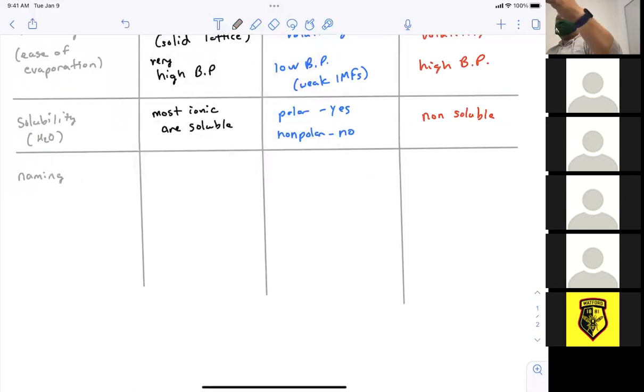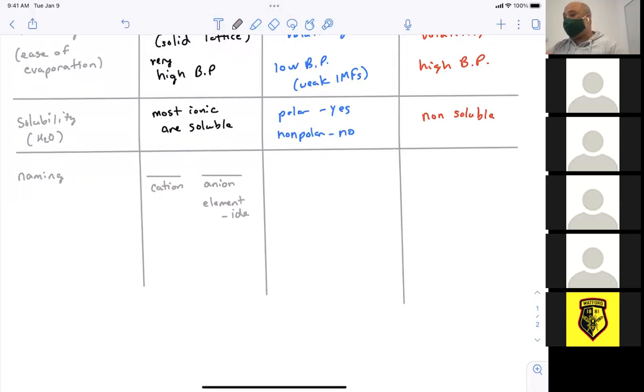Naming. Just a quick refresher on naming. We're not going to spend a lot of time on this, but to name ionic compounds, you go with the cation first, and then the anion second. If it's an element, you change the ending to IDE.